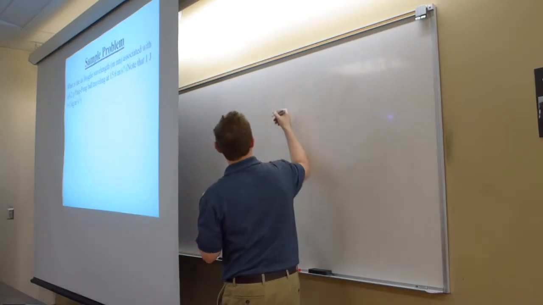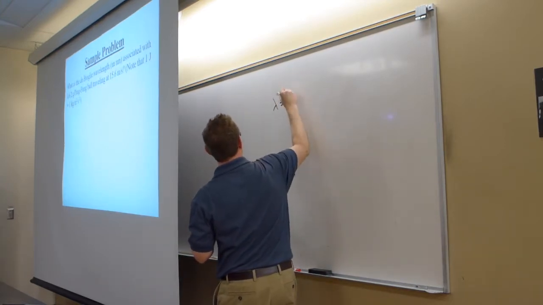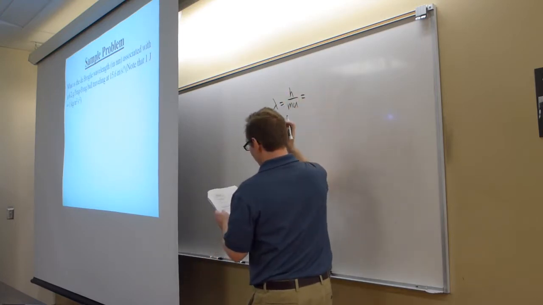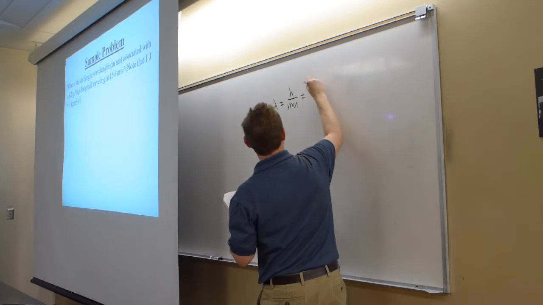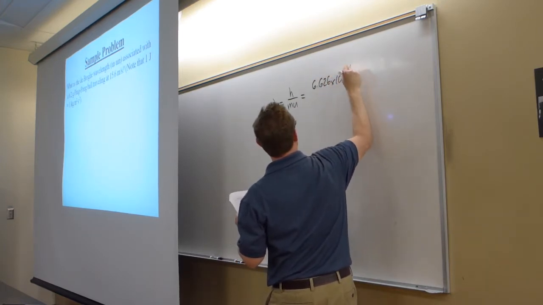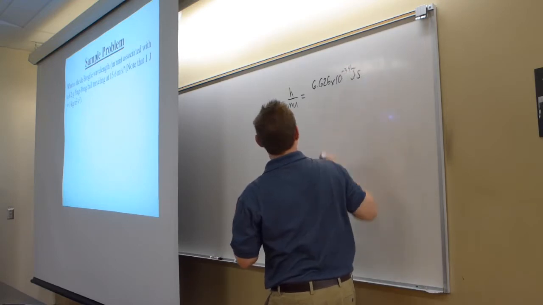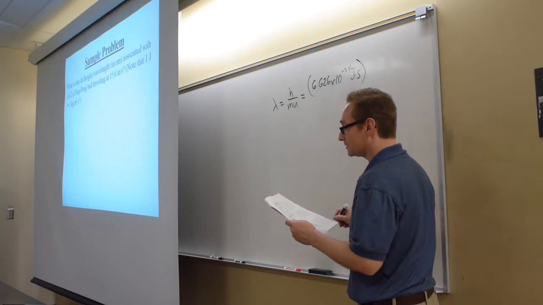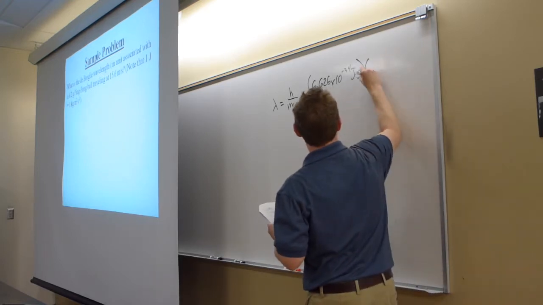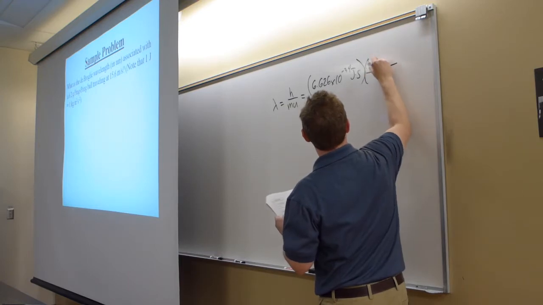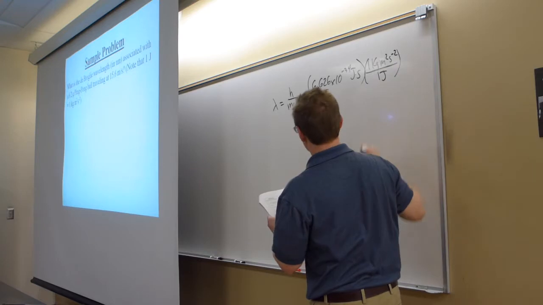Okay, so lambda for the de Broglie wavelength is h over mv. This is pretty simple, but just to show a plug and chug. 6.626 times 10 to the minus 34 joules times seconds. We're going to go ahead and use this conversion of 1 kilogram meter squared per second squared equals a joule.